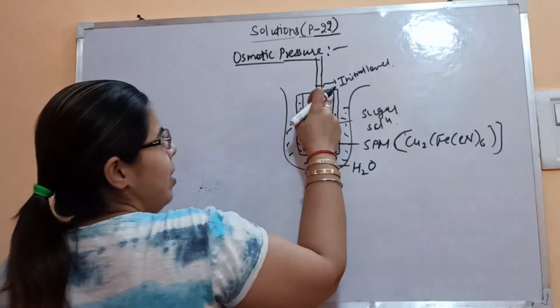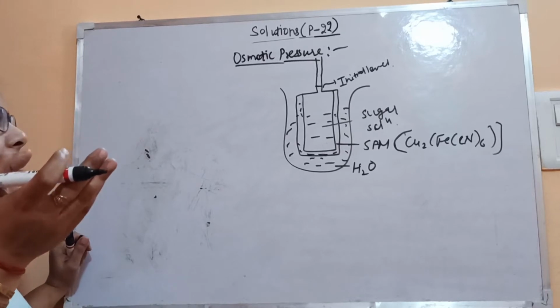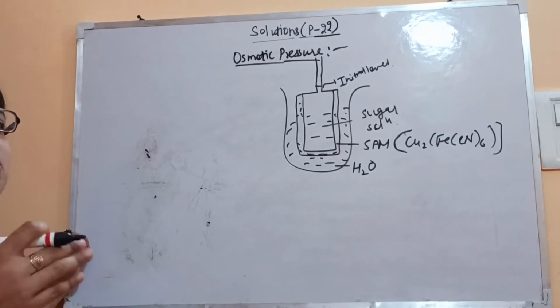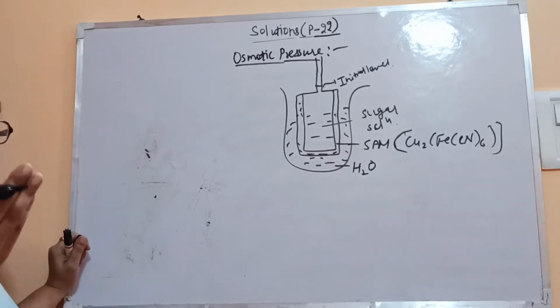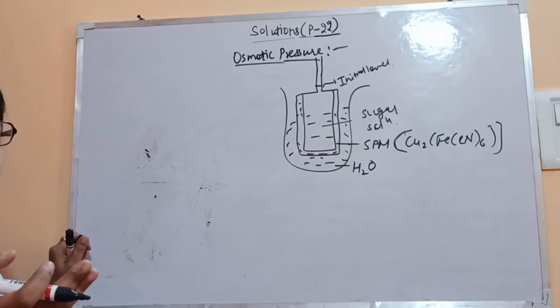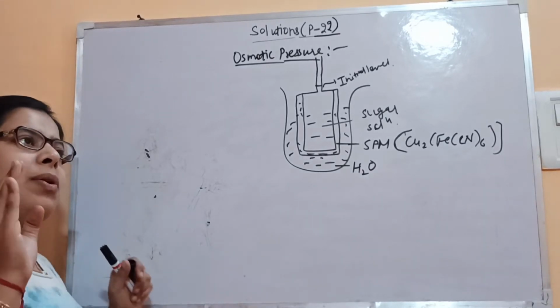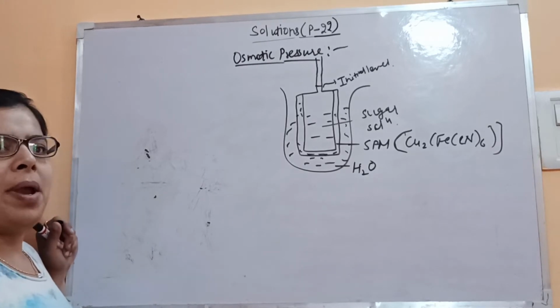After some time you will observe that the level rises in the sugar solution, and it becomes constant. After that you will not find any rise in the level of the solution. It means at one particular temperature that rise in level will stop, so osmosis will stop at that time.